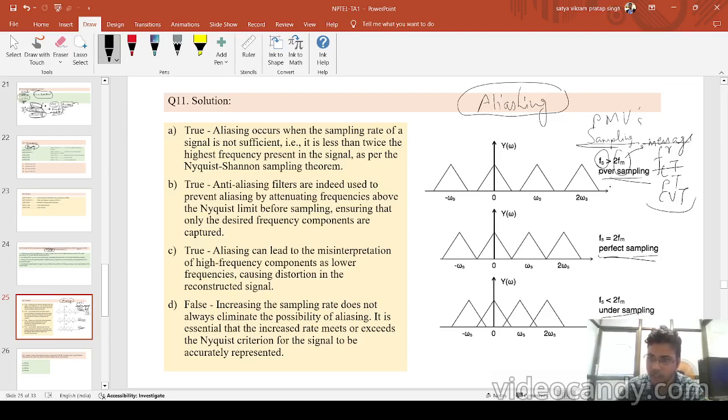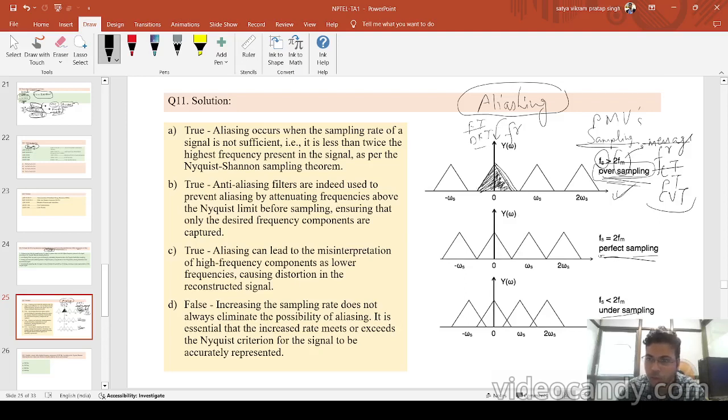If Fs is greater than 2 FM, then it is oversampling and it is a perfect condition. This data, which is in the frequency domain, you get in the time domain, converted using the Fourier transform or DFT. So this is a perfectly captured signal.